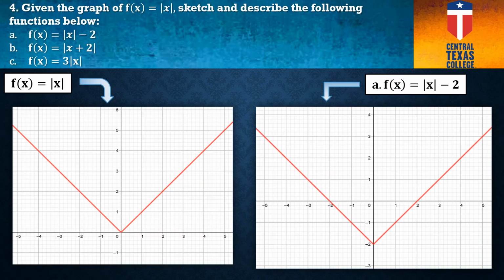Finally, for question 4, we have the given graph of f(x) = the absolute value of x. We will sketch and determine the following questions below. Now, for part A, we have f(x) = absolute value of x, outside, minus 2, which means it was shifted 2 units down from the original graph.